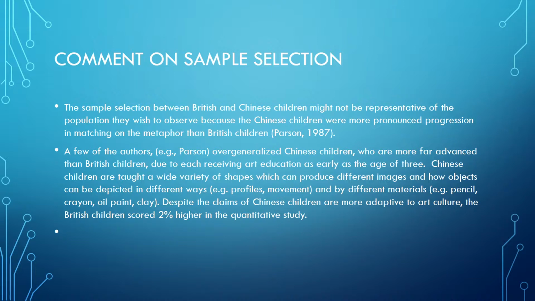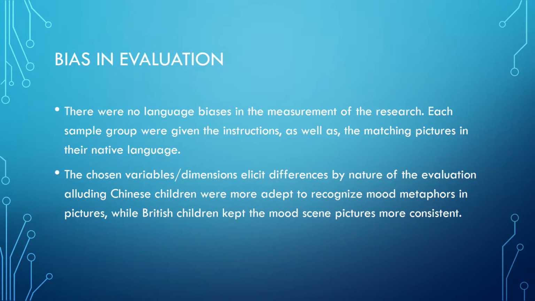Despite these claims from the author Parsons indicating Chinese children are more far advanced, British children scored 2% higher in the quantitative study. The bias in this evaluation. There is no language bias in this measurement of the research.